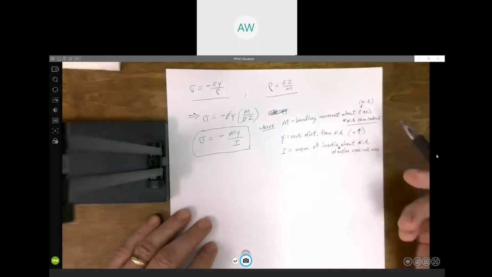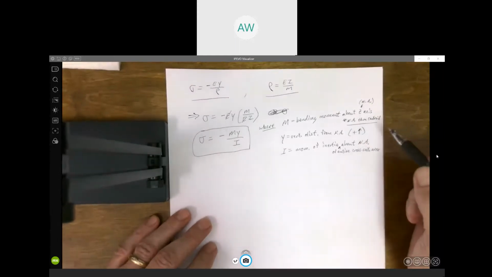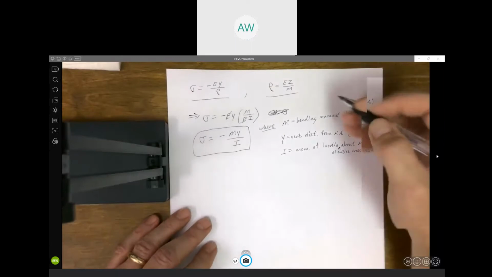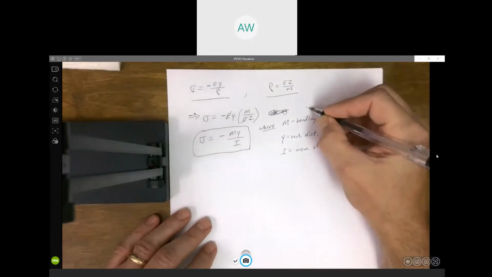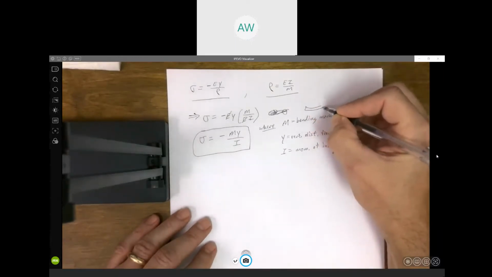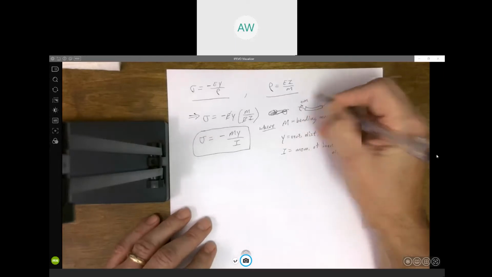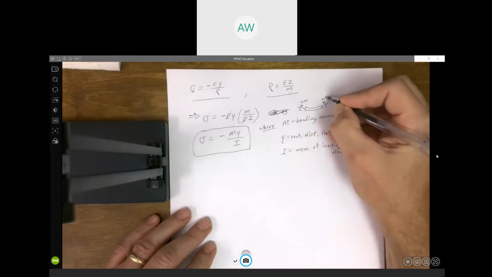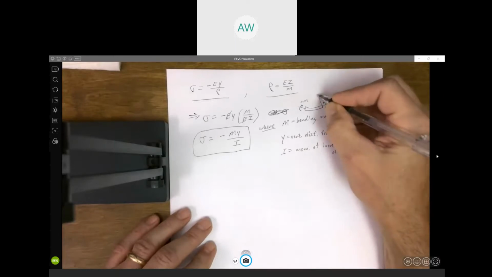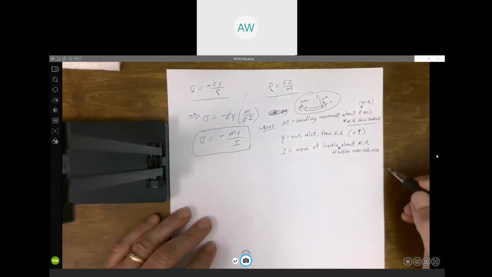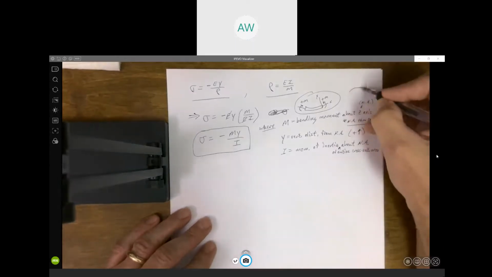But again, based on our sign convention here, notice our positive moment we defined earlier, right, that's a positive moment. A negative moment would be one that bends it this way.